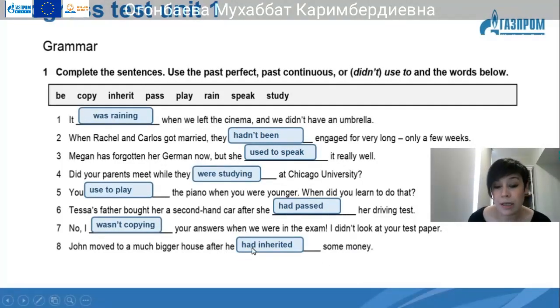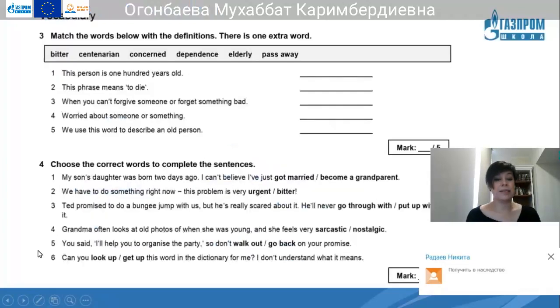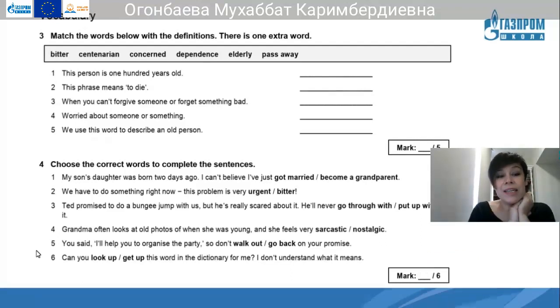Yes. What is inherited? What's the meaning of this word? Suban, the meaning of this word? Inherited? Yes, Nikita. Okay, vocabulary. It should be quite easy for you. This person is 100 years old.